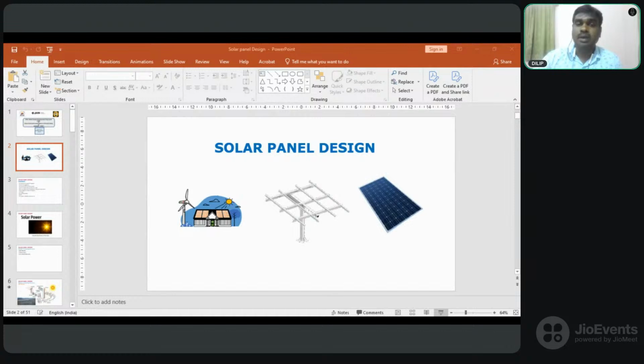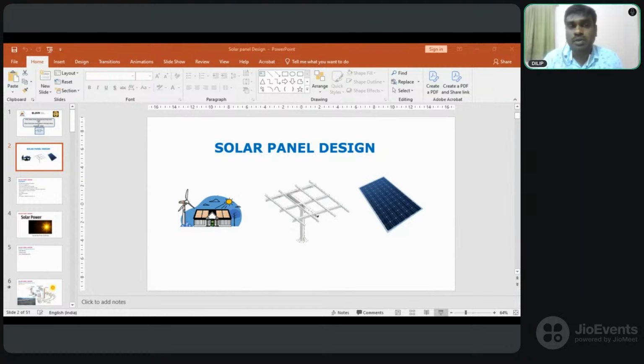We also cover a simple block diagram of a PV module, tilt angle or orientation of the solar panel, earthing or grounding system for the solar panel, MPPT model, and also some simulation for PV module.